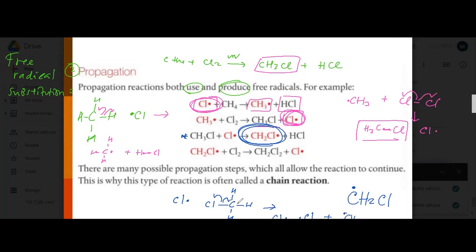The radical will be on C and not on Cl. So this is wrong; the dot should be on C.